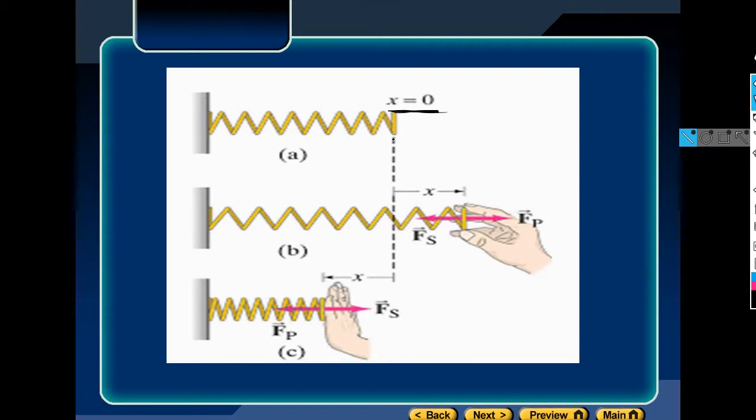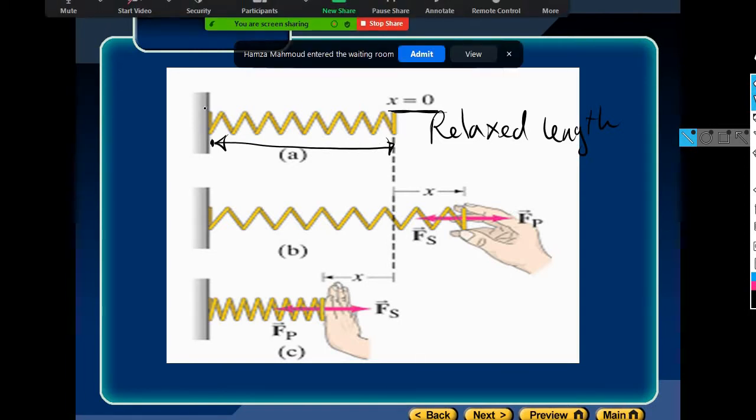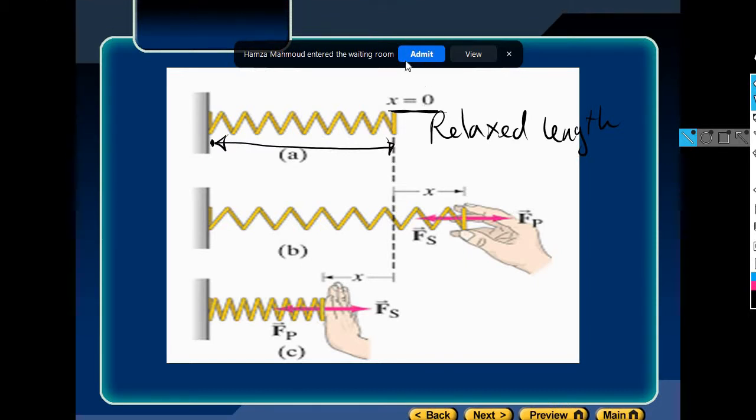In this case, the length from here to there is called the relaxed length. What is the meaning of relaxed length? Relaxed length means the distance from the wall to the object without any movement, the original state I mean, okay guys.